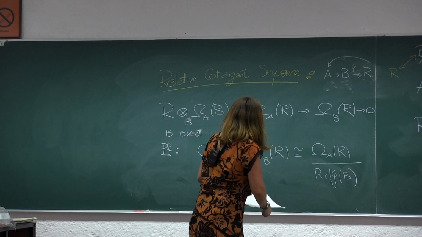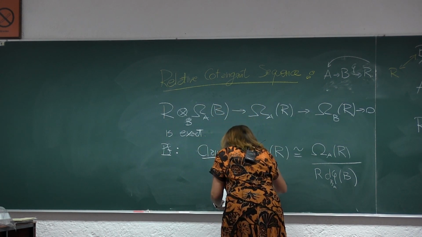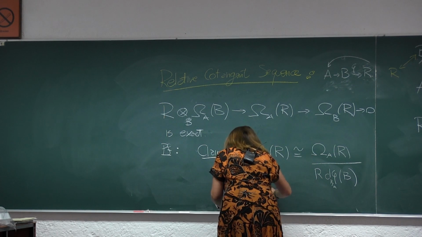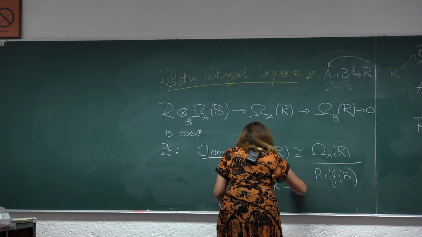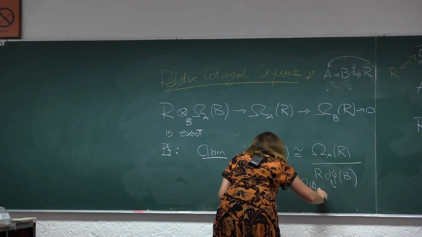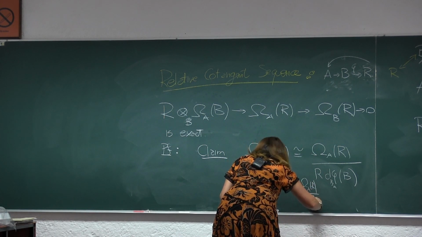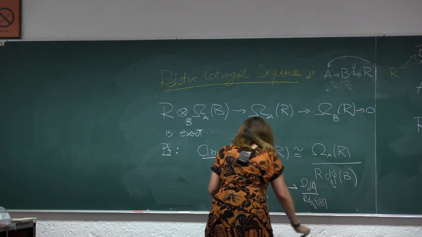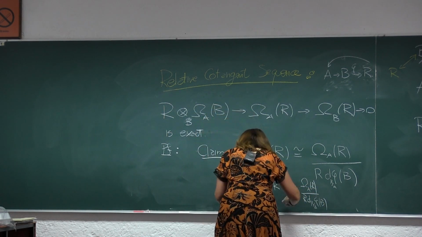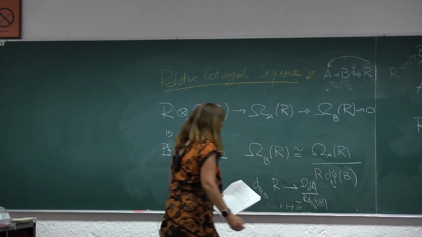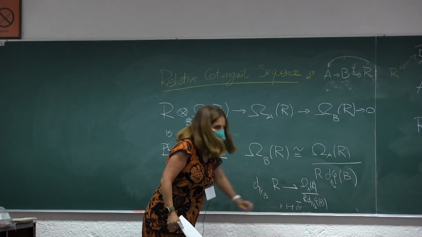This isomorphism, and then I also want to define a map, let me call it D_{R/B}, that goes from R to this object, Omega_{R/A} modulo R d_{R/A} phi(B), simply by r going to r bar.